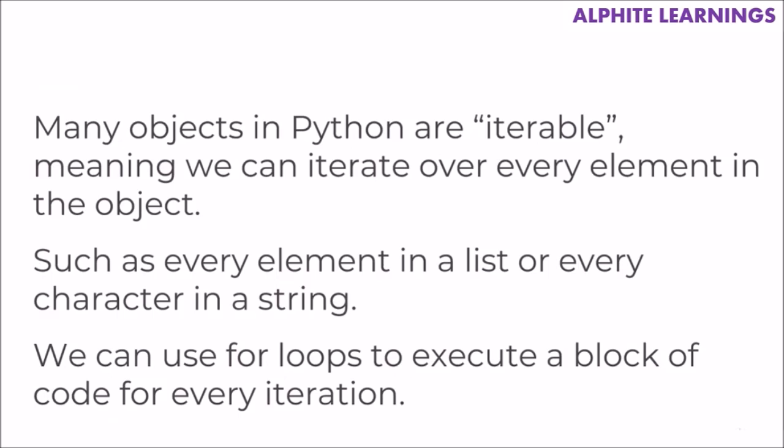Such as every element in the list, okay? Suppose I have a list from 1 to 10. If I want to do the same function on all the elements in the list, I'll just iterate it, instead of taking them one by one, indexing every element, and writing the code for each.